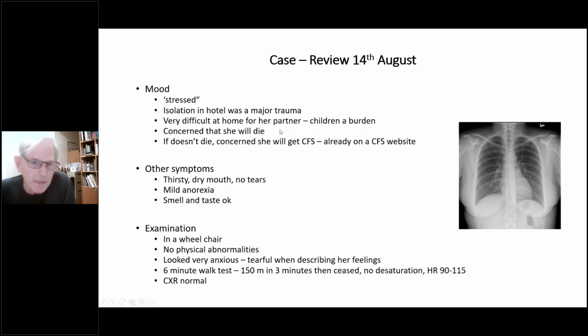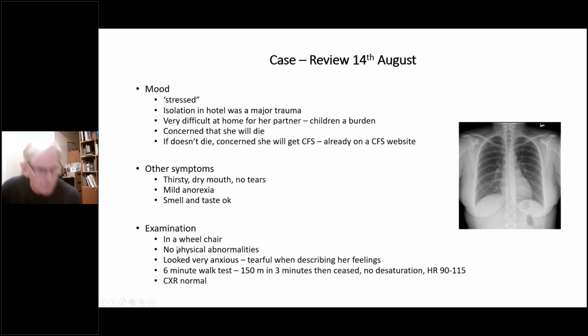Life at home had become very dysfunctional because of a number of factors, and towards the end of the consultation she indicated that she thought she was going to die, and she said that if she didn't die she was definitely going to get chronic fatigue syndrome, and she'd already been exploring the possibility by looking up information on the web. She had some other interesting symptoms. She was thirsty, had a dry mouth, and said she couldn't cry. She was mildly anorexic, but her smell and taste were okay.